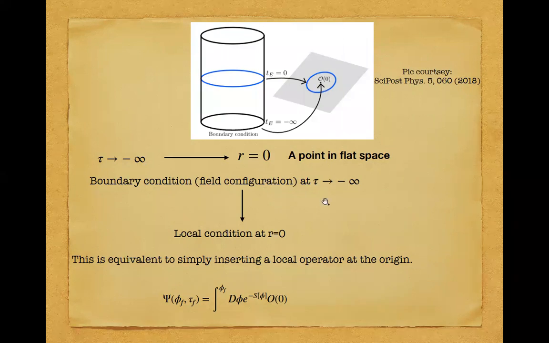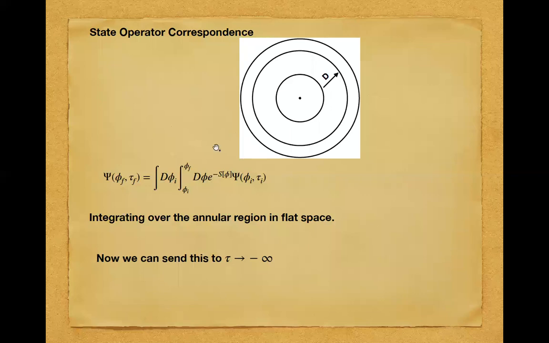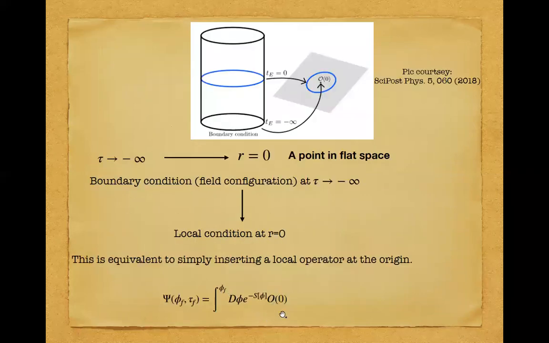So the first Euclidean path integral that we started with would become something like this. You are just inserting an operator at the origin, and then you are integrating over all the fields inside the sphere, and that will give you a state on this blue sphere.